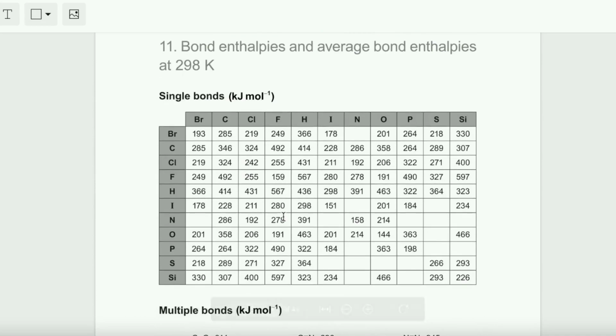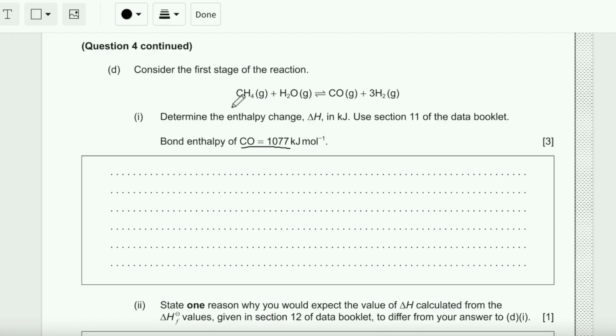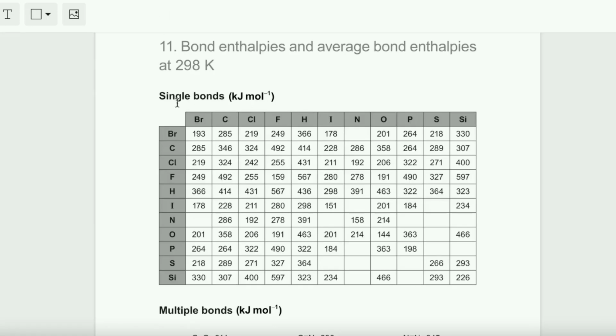The bond enthalpy is an average bond enthalpy. How to use this? For example, C-H, C and H is 414. Thus, I'm just going to write the answer. You can double check the numbers using the data booklet.